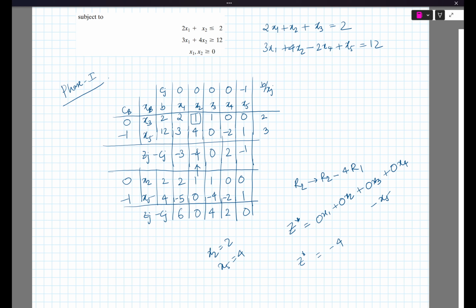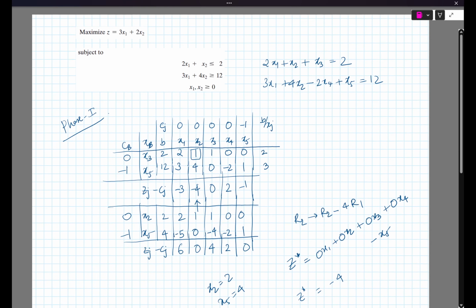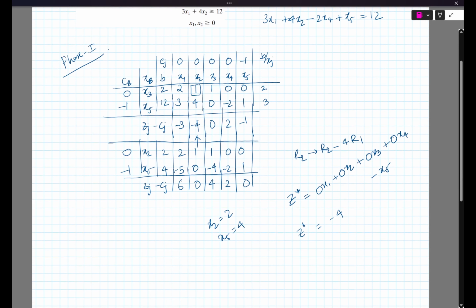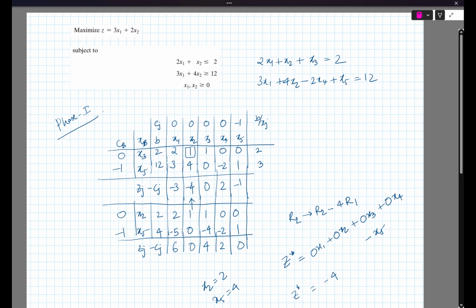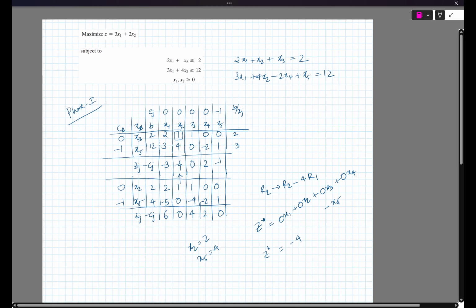So what does that mean? Infeasible solution. Yeah, it's infeasible.